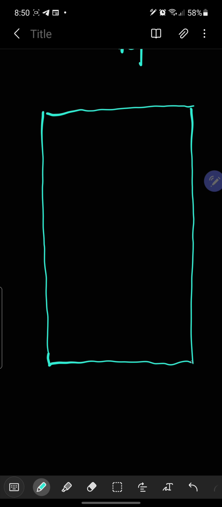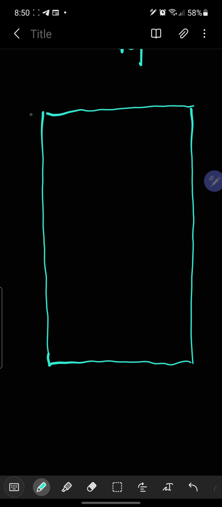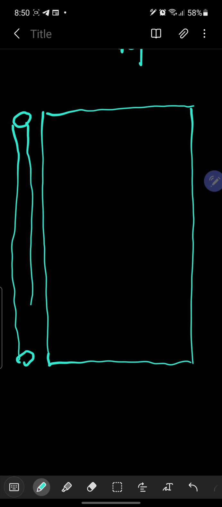Now this is a beta cell of the pancreas. We can see the mechanism here. Here we have a blood vessel. This is the basolateral membrane and this is the apical membrane. In the resting state, the resting membrane potential of the beta cell is minus 90 millivolt.